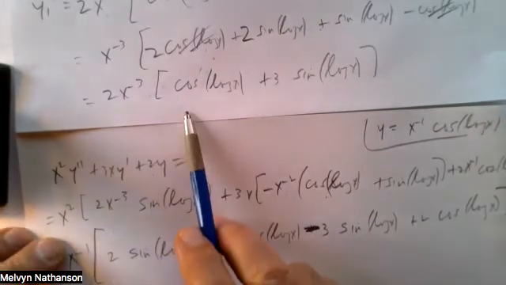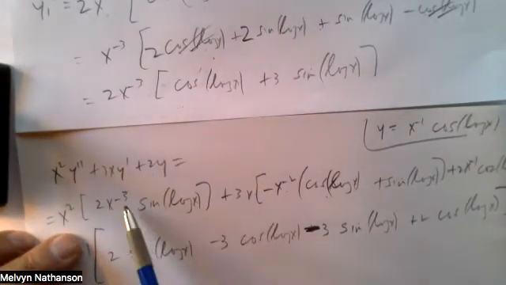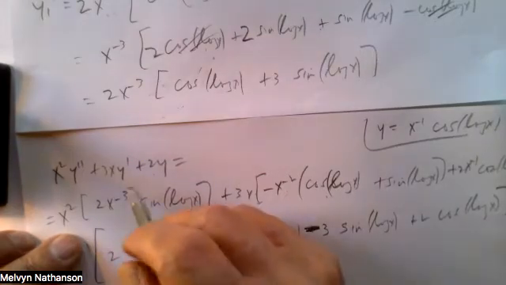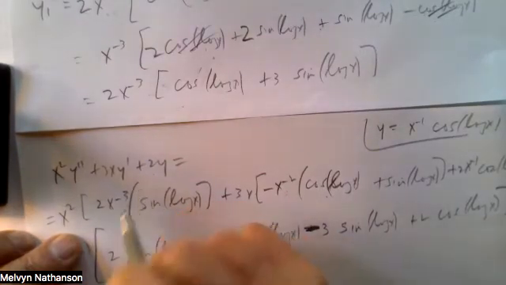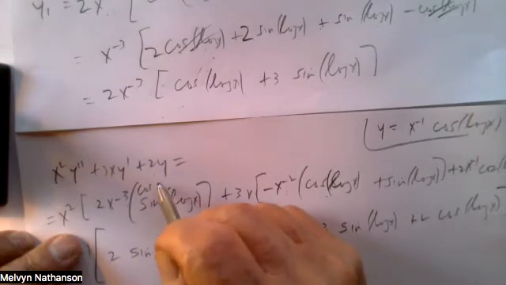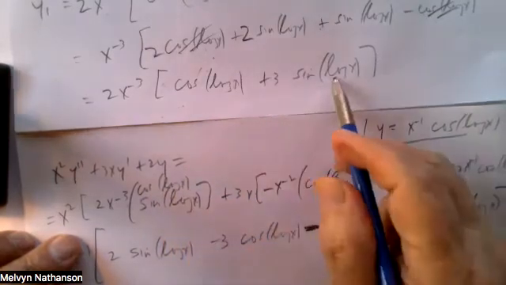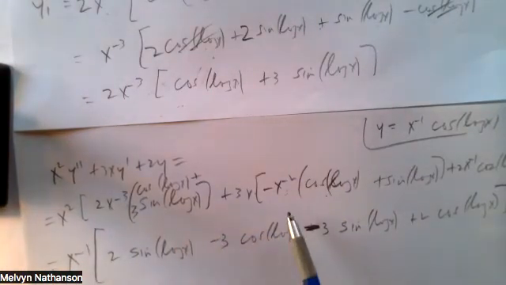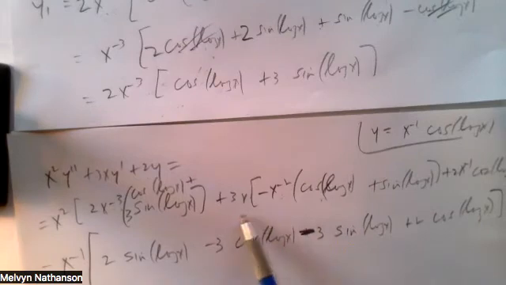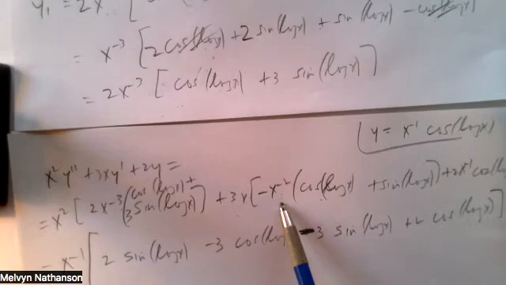So it's x squared y double prime, which is 2x to the minus 3 times cosine of log x plus 3 times the sine of log x. And then 3x y prime, which is minus x to the minus 2 cosine plus sine, plus 2 x inverse cosine log x. So all the powers of x are x to the minus 1.